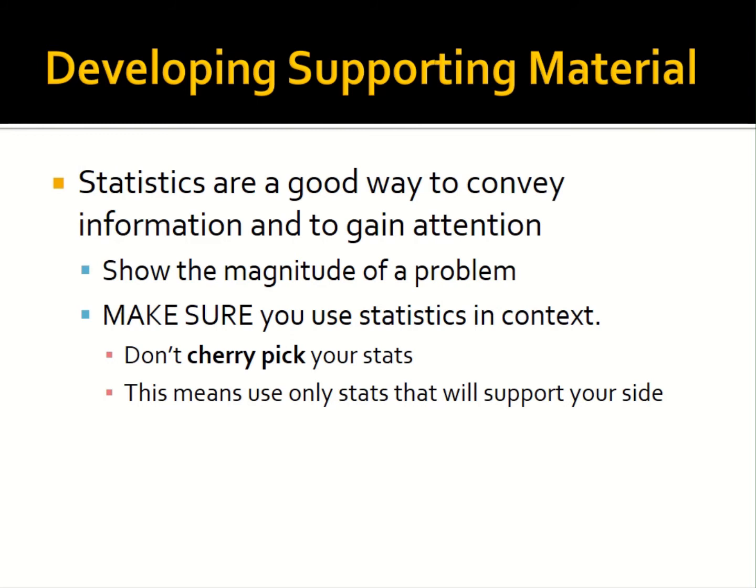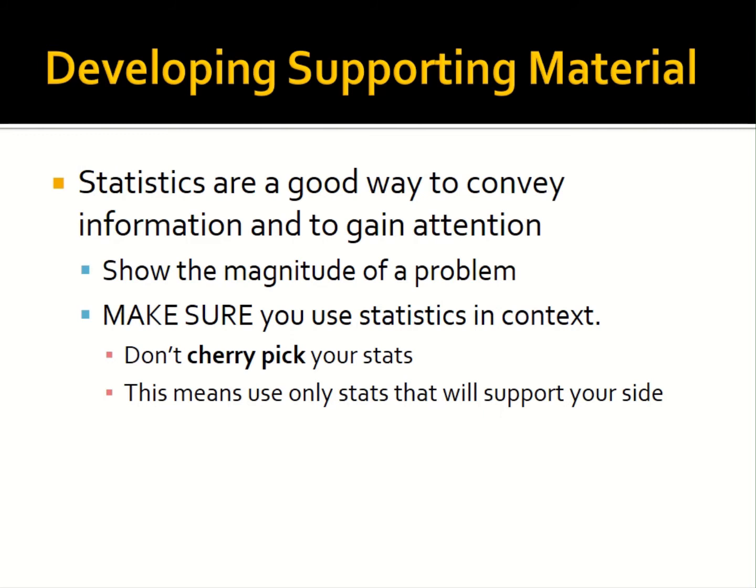Another very important thing is to make sure that your statistics are used in context. In other words, they're used in the manner that they were intended to be used, displaying the information correctly. You don't want to cherry pick your statistics or your sources in general.